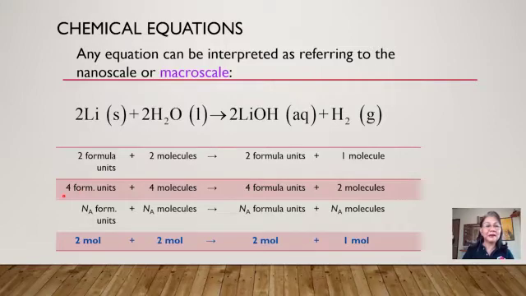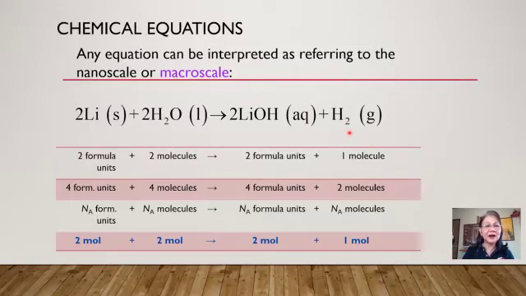Now it can be in another number, but in direct proportion with what is actually represented in the balanced equation. So this equation represents a reaction involving four formula units of lithium, four molecules of water, four formula units of lithium hydroxide, and two molecules of hydrogen gas.